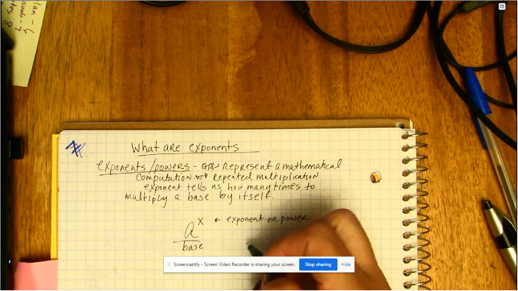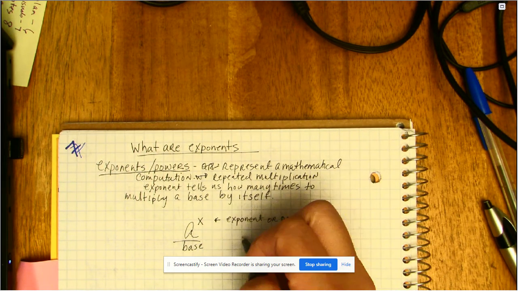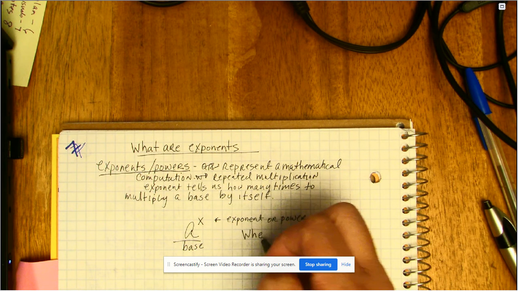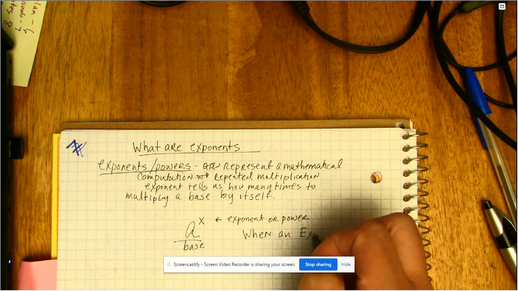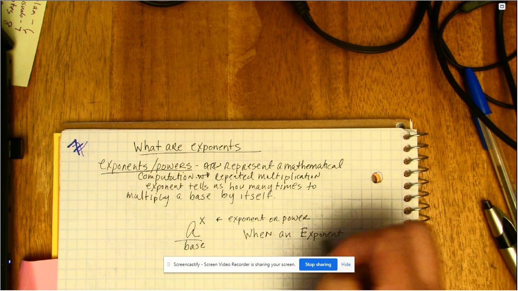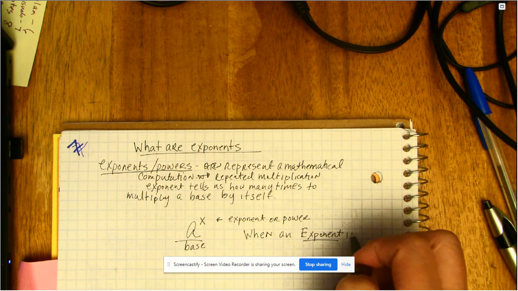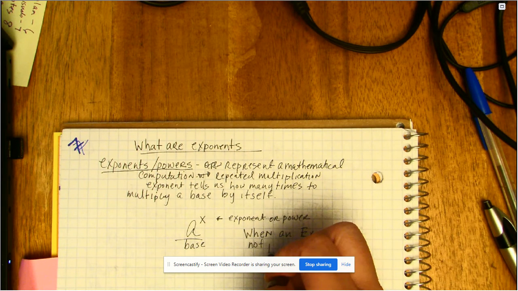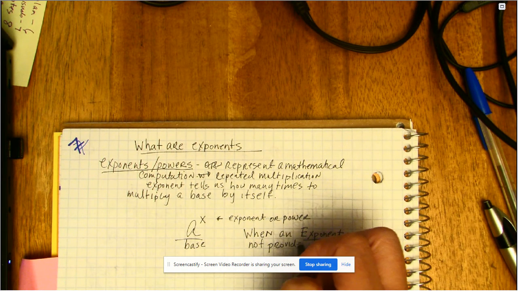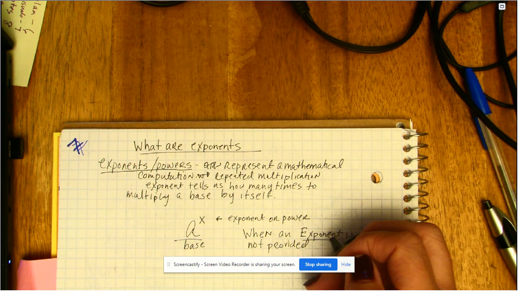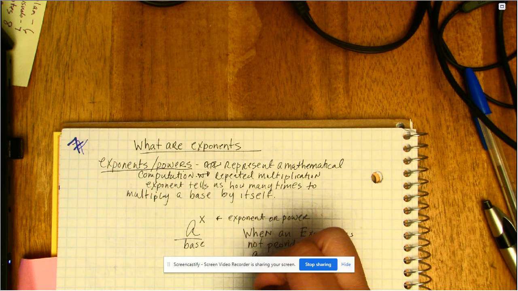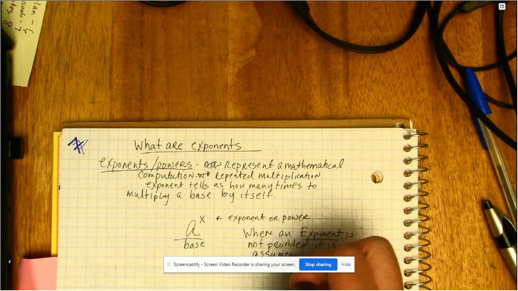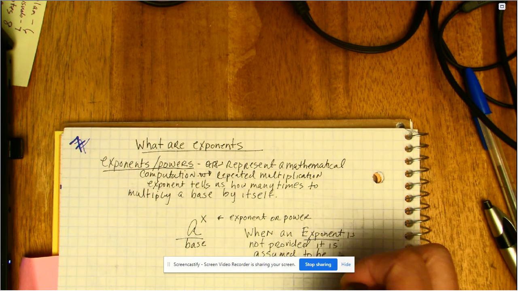So what we need to realize is that when an exponent is not provided, it is assumed to be 1.